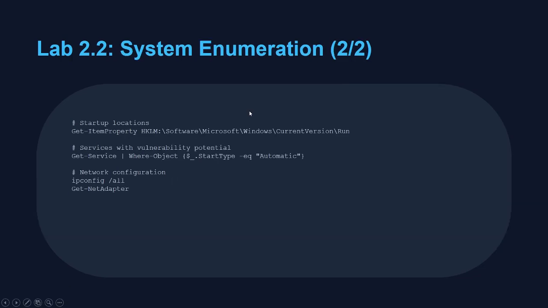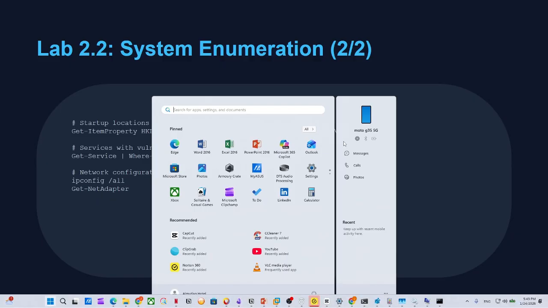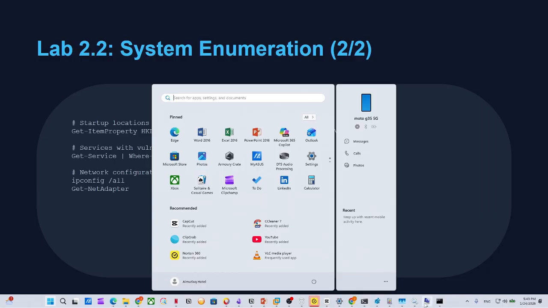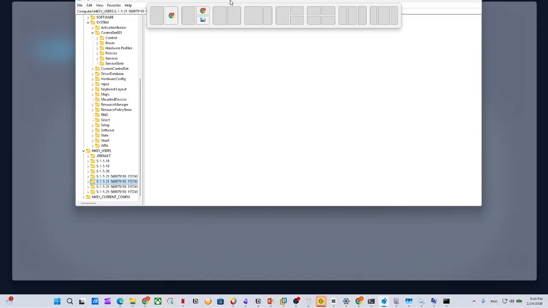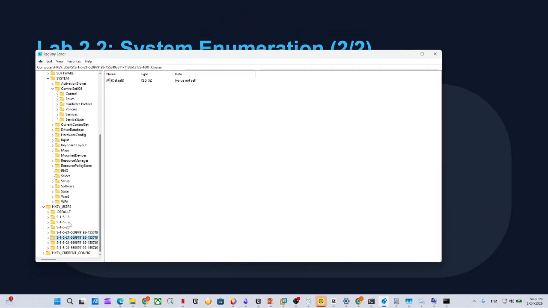We have it here actually. The path is HKLM\Software\Microsoft\Windows\CurrentVersion\Run. Let's go ahead and check it out.